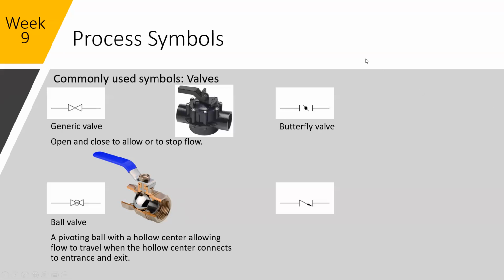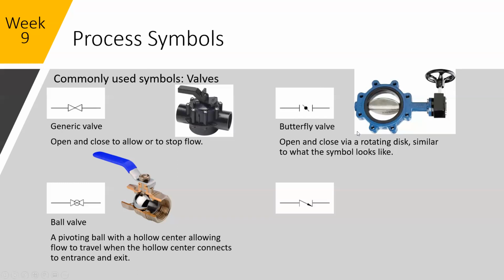The next one up here with the little line is called a butterfly valve. A butterfly valve opens and closes by rotating this metal disc. It kind of looks like what the symbol is. As it closes to vertical, it blocks more of the flow.